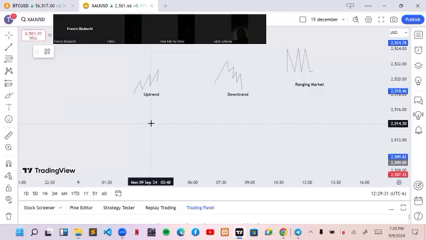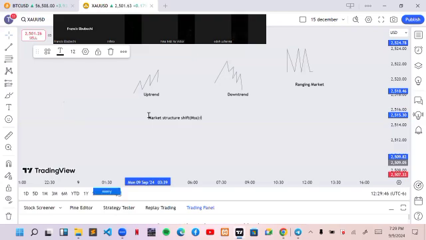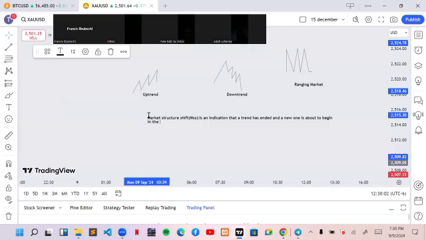A market structure shift is an indication that a trend has ended and a new one is about to begin in the opposite direction. This is what a market structure shift is.